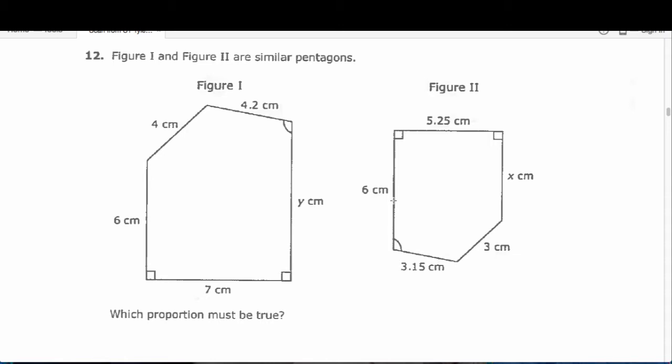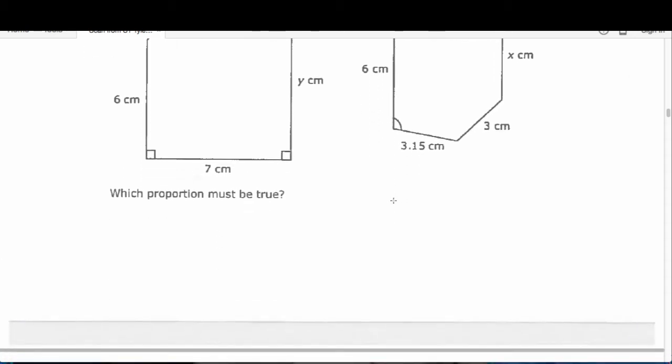Question 12. Figure 1 and Figure 2 are similar pentagons. If you need help reading anything on the figures, please raise your hand. Which proportion must be true?